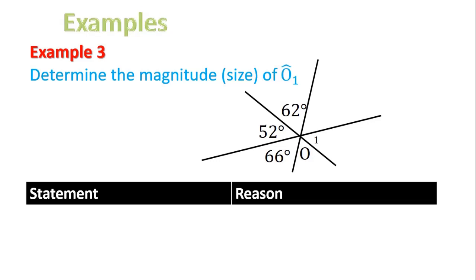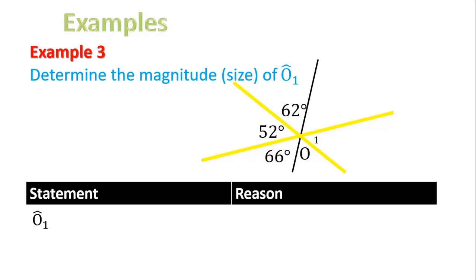So we want to know the size of O1. So what we do is we take the lines that surround O1. It's that one and that one. Alright, and now it becomes very evident which angle is exactly opposite angle O1. Can you see it's 52? Let's write down our statement.